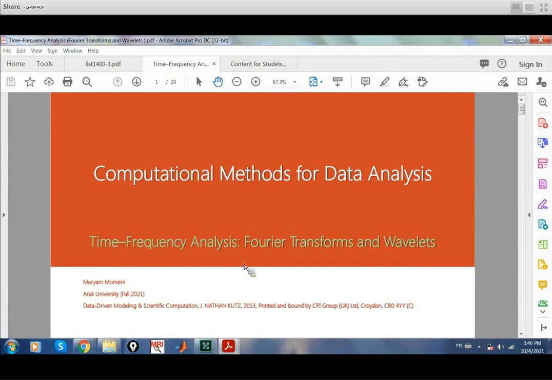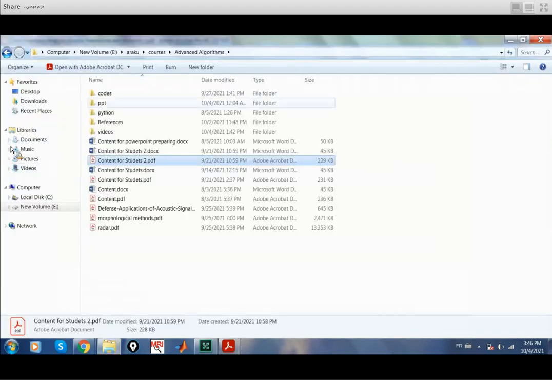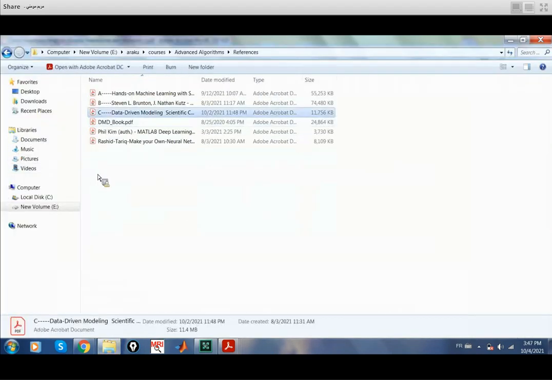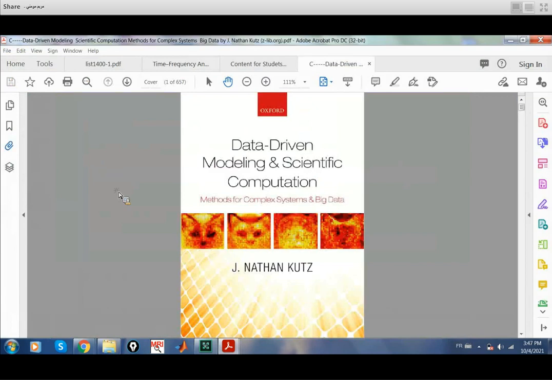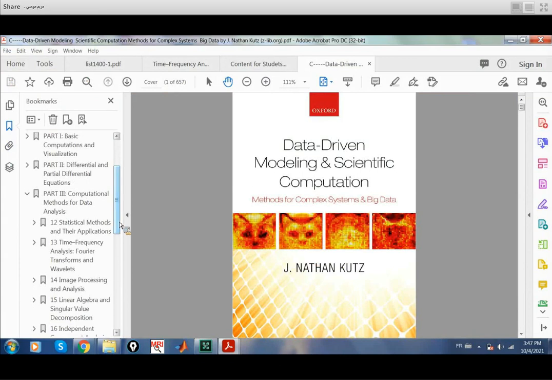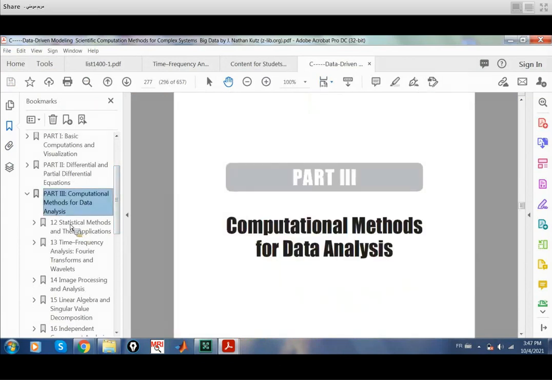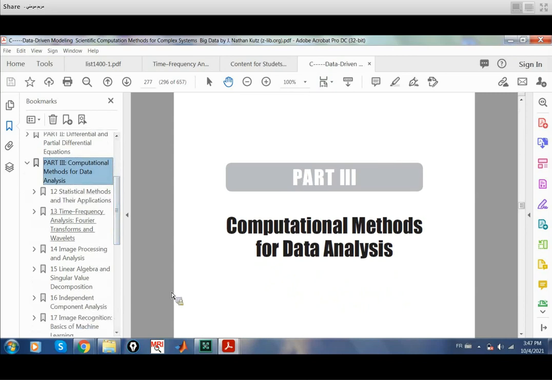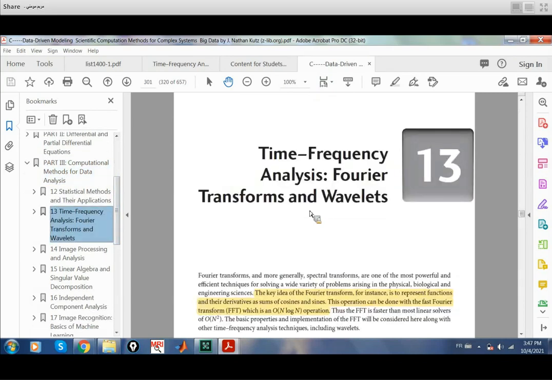And the reference of this PowerPoint, of this session, is reference C. I uploaded it in the LMS. Reference C, part 3, computational methods for data analysis, and chapter 13, time frequency analysis.